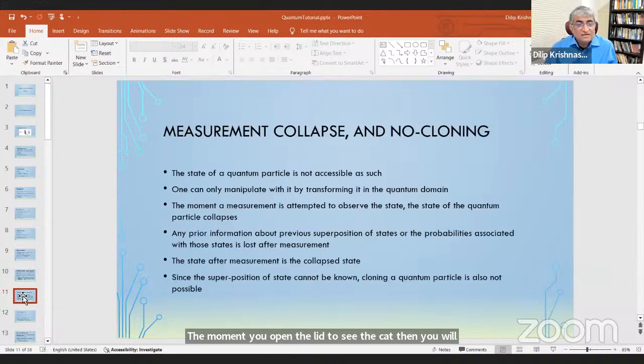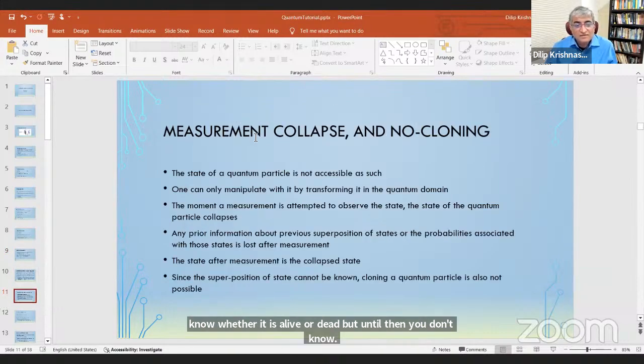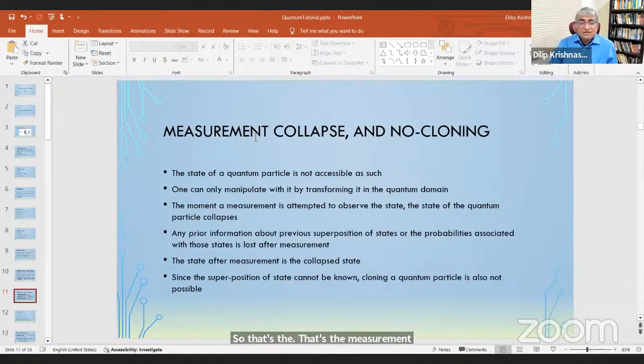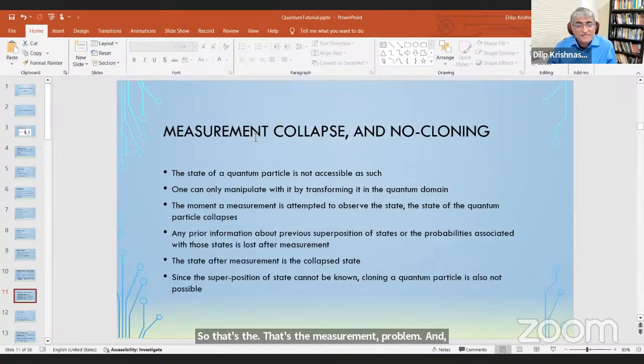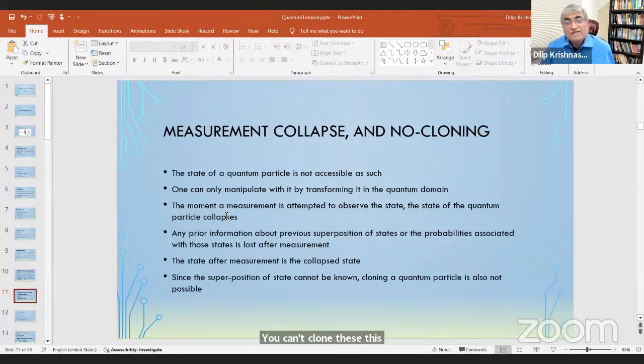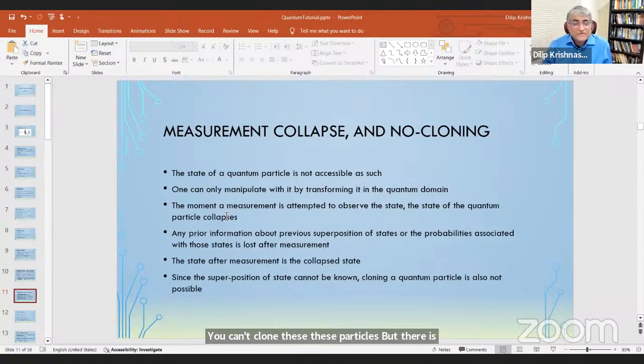So that's the measurement problem. And also, because it's all probabilistic, you don't know what the probabilities actually are, because you don't know the actual amplitudes, you can't clone these particles.